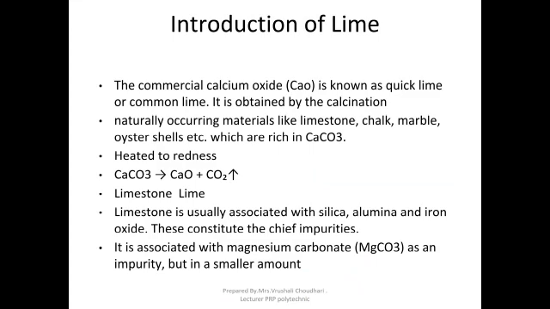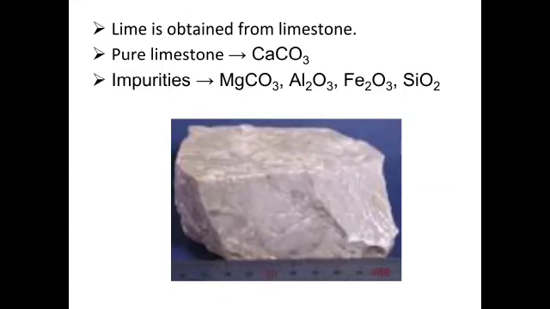Along with the lime, it has silica, alumina and iron oxide. These are the main impurities present in the lime. Magnesium carbonate also acts as an impurity, but it is present in a very small amount. What is lime? It is obtained from limestone.